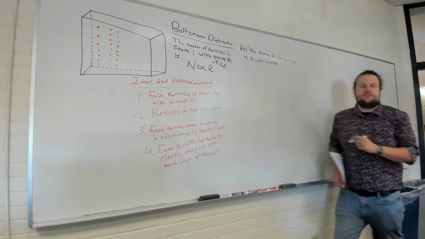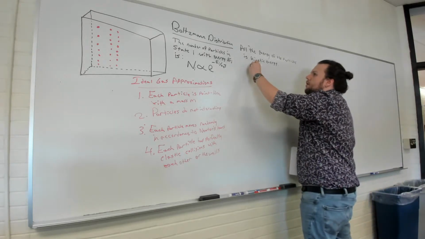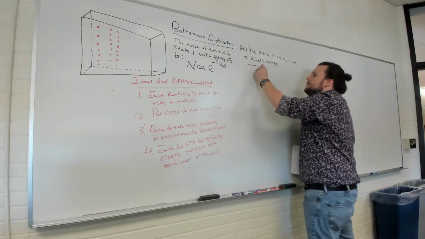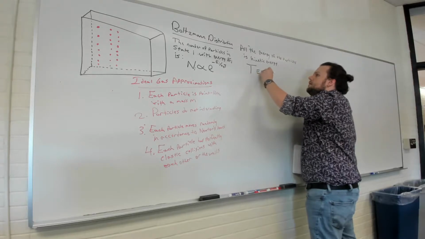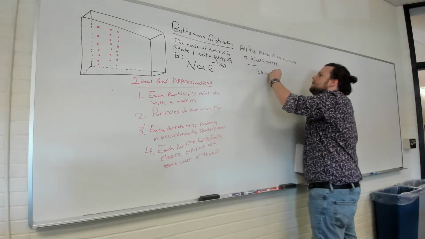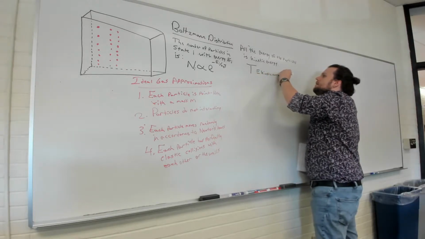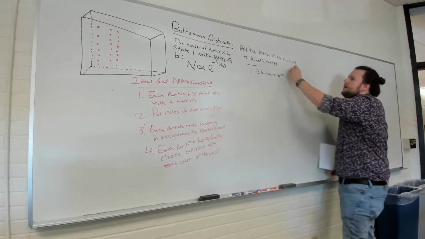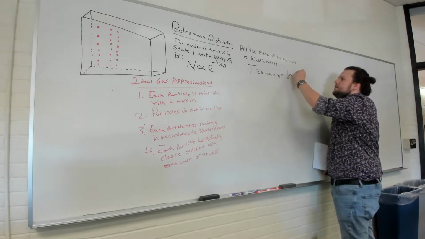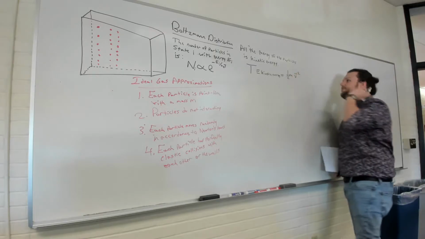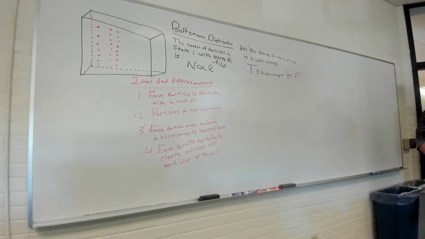And kinetic energy, which I'll write T, for a given particle is 1/2 times the particle's mass times the velocity squared. I draw velocity as a vector because it's in 3 directions, and we have a 3-dimensional box.